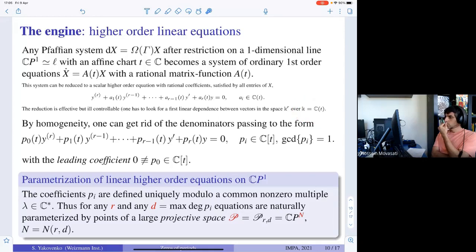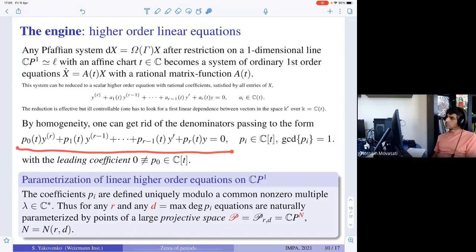So this is a pure differential algebra, or elementary differential algebra argument. So from the very beginning, we switch from Pfaffian systems to higher order differential equations.